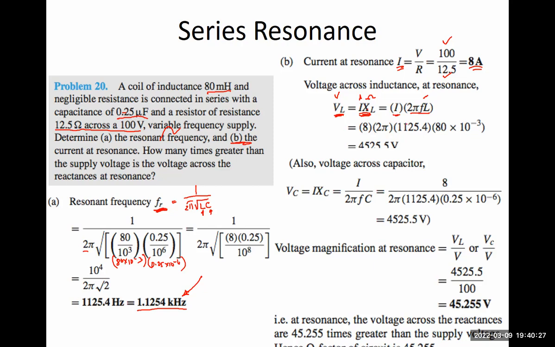Okay, so let's substitute for the I. We have 8 amps, constant of 2 pi, frequency of 1125.4, and an inductance of 80 millihenry coming from here. Okay, coming from here. Okay. So the voltage across the inductor now would be equal to 4525.5 volts. Okay.